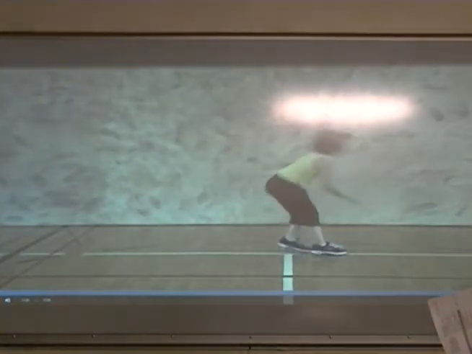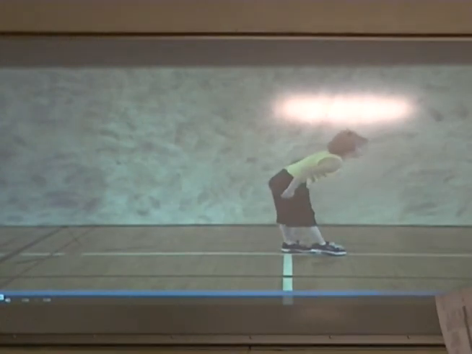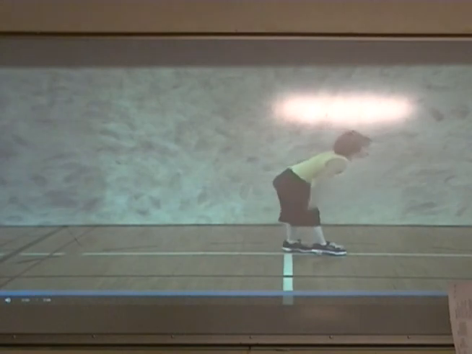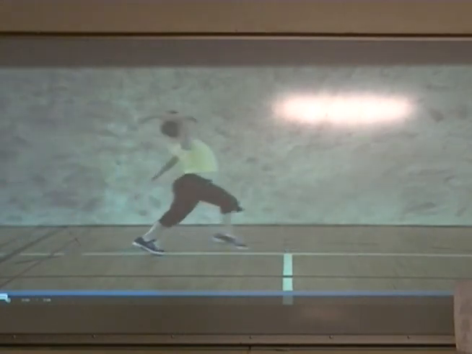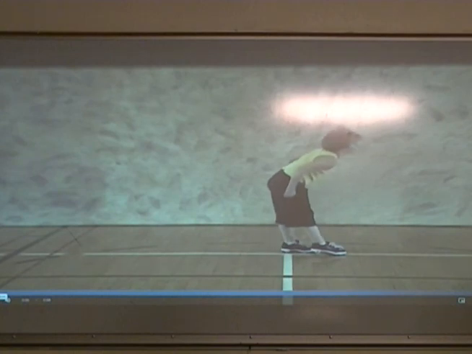Rotates hip and shoulder to a point where the non-throwing side faces the wall. What do you think, gang? Yes or no? No. No. I agree.